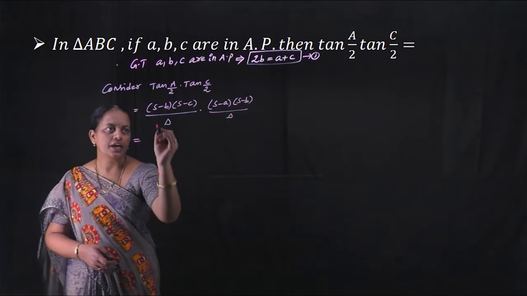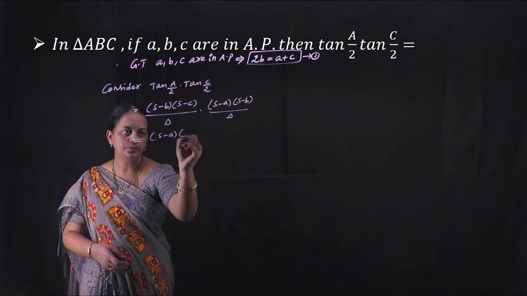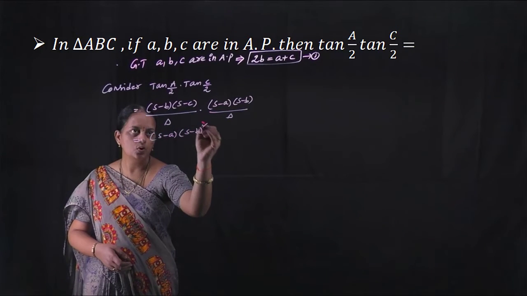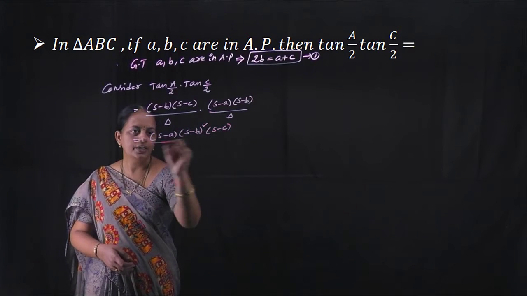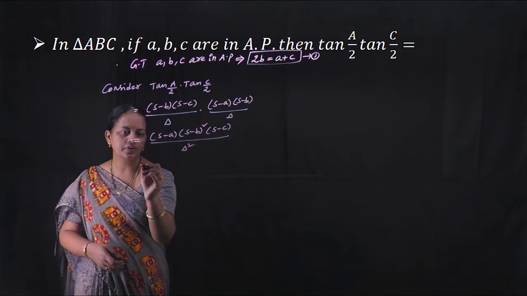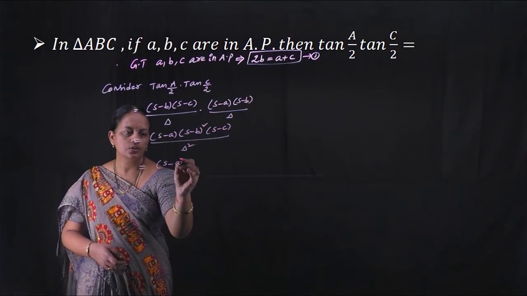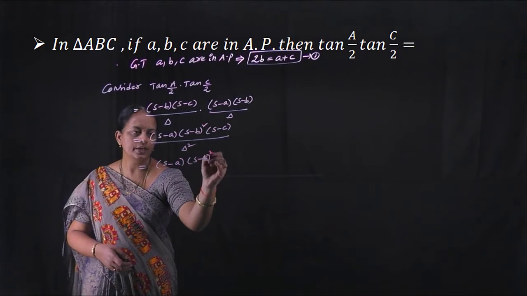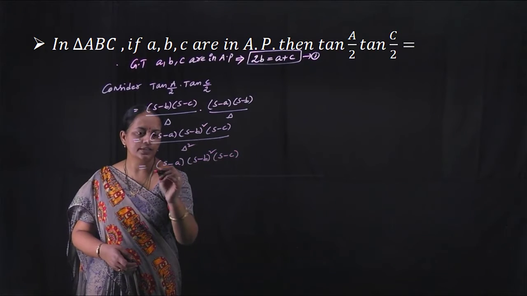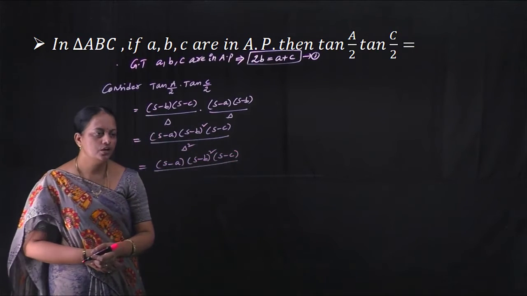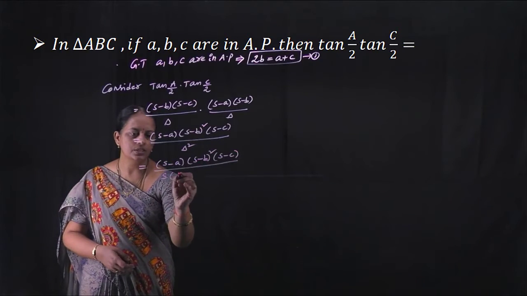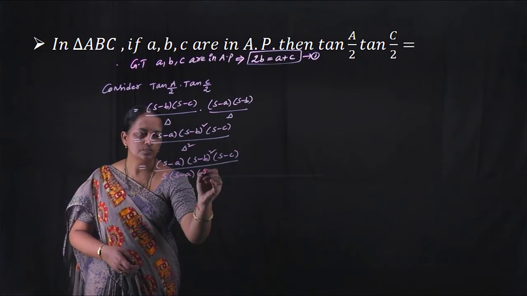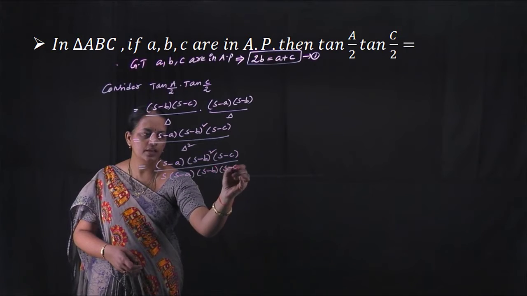From this we can write S minus A into S minus B whole square into S minus C by delta square. Okay, this is equal to S minus A into S minus B whole square into S minus C by, from Heron's formula, delta square means S into S minus A, S minus B, S minus C.